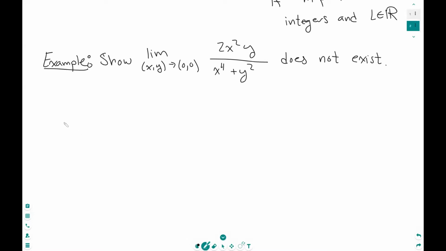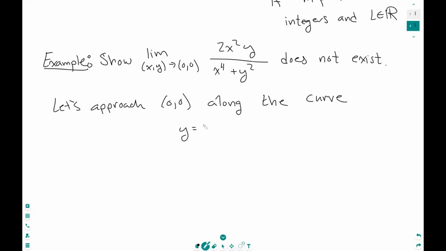So what we'll do is we're going to approach zero, zero along the curve y is equal to some constant k times x squared, so long as that constant doesn't equal 0.